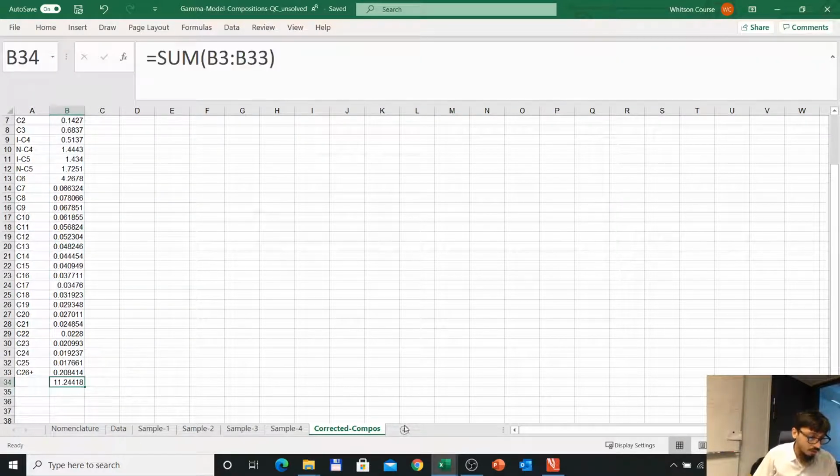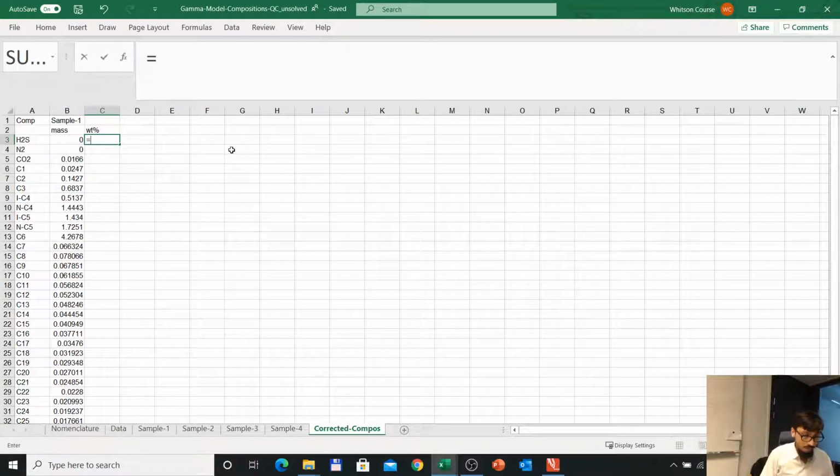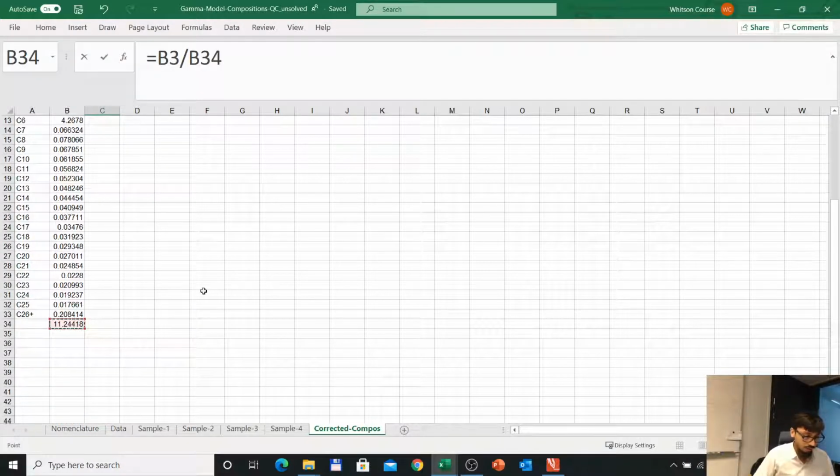That's the total mass, and then we can calculate the weight percent, which will be this divided by this number here.